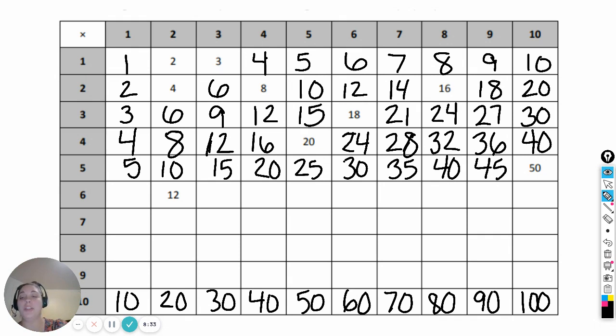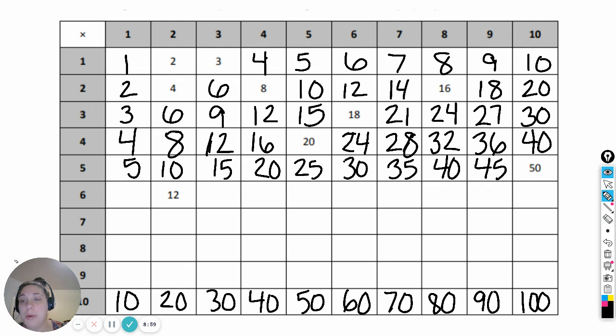Now we're going to use the commutative property to help us fill in some of the other spaces that we don't know yet for 6, 7, 8, and 9. If you remember from Module 1, in multiplication we can take the two numbers and switch them and the answer stays the same.